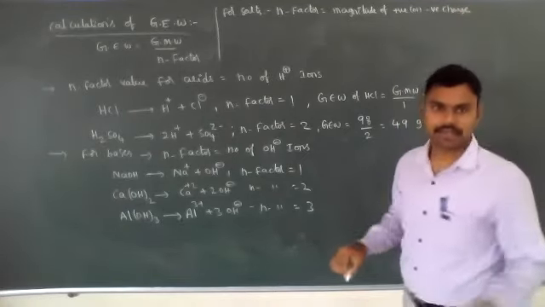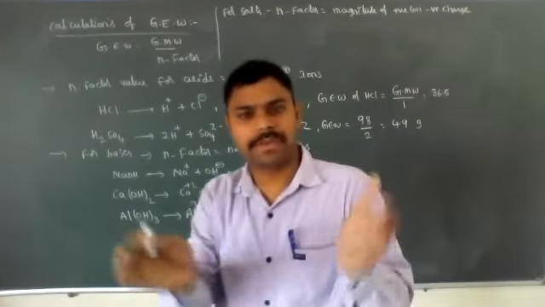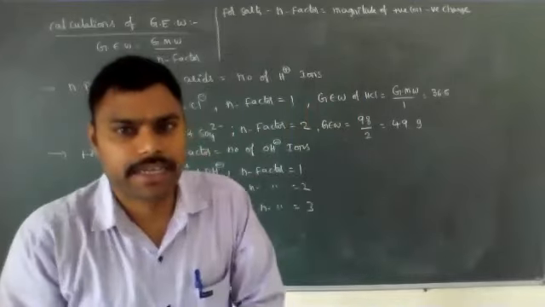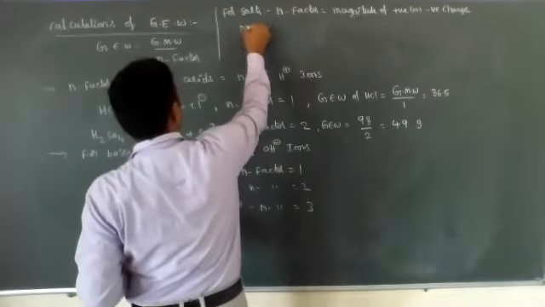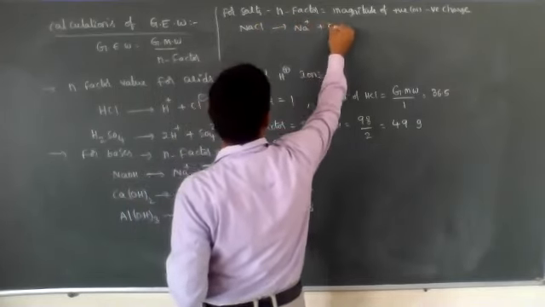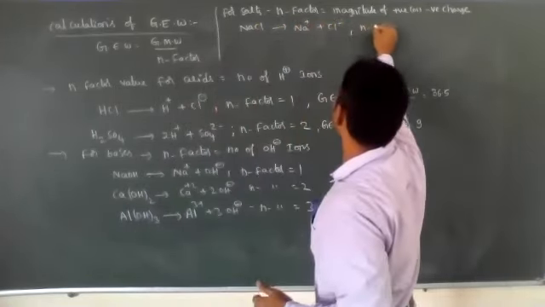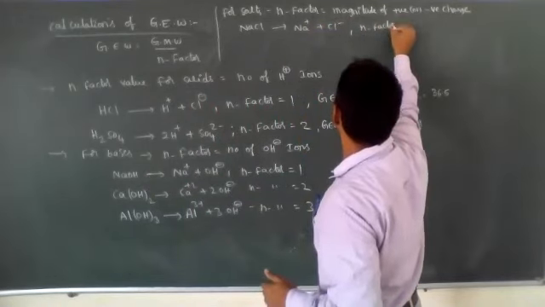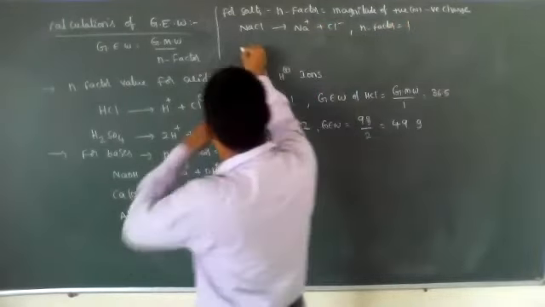Because salts are neutral, how much positive charge is present, the same quantity of negative charge is also present. For example, NaCl: 1 unit positive charge, 1 unit negative charge is present. N factor is equal to 1.